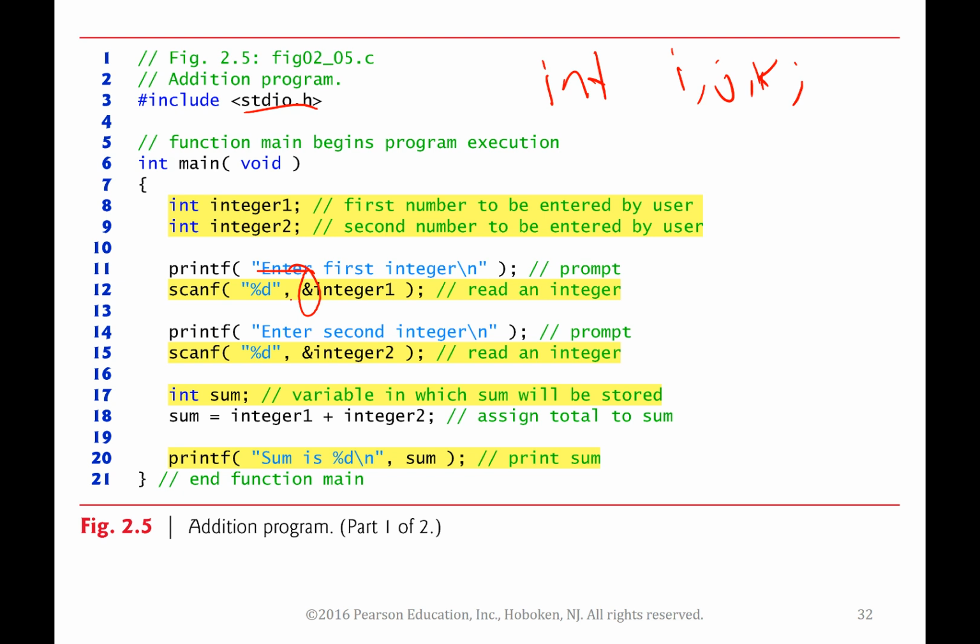In this particular case, we're going to receive a decimal. And we denote that with %d. And then we're going to tell it where we want to put this decimal. We want to place it in integer 1. So in order to tell it to place it in integer 1, we have to pass the address of integer 1.